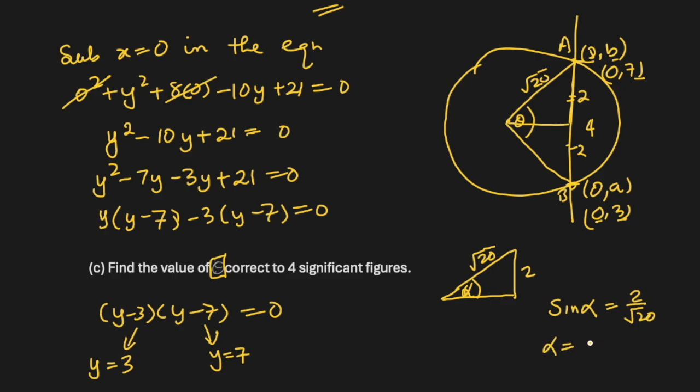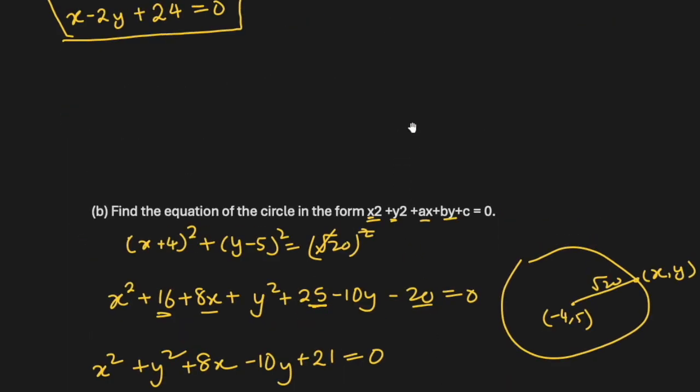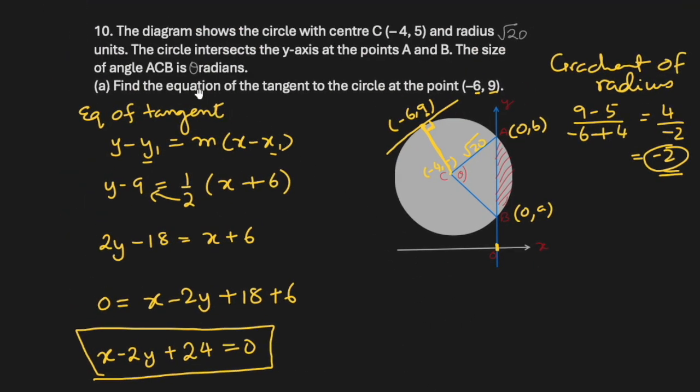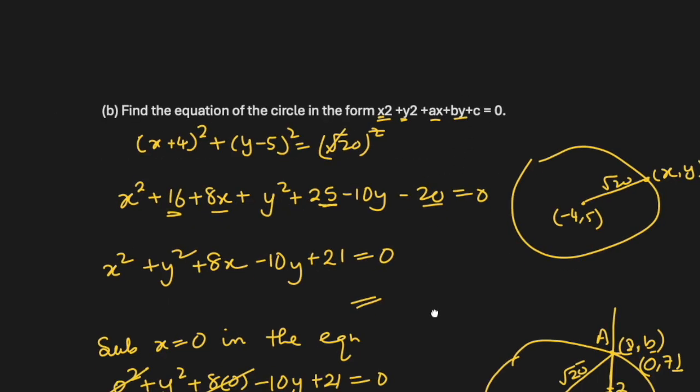So alpha will be sine inverse of 2 over square root 20. Let me see how much that is in radians, because they said that theta is in radians. So we have to use radians, we can't give the answer in degrees.